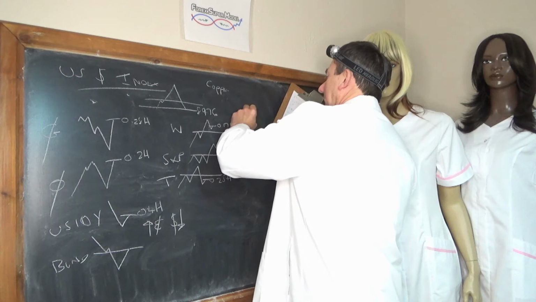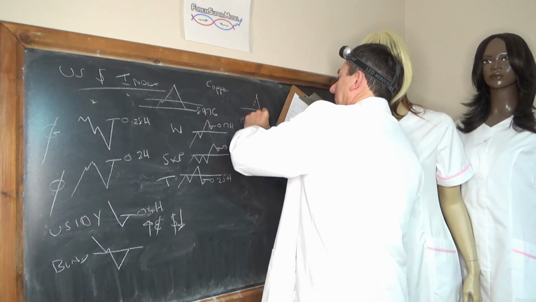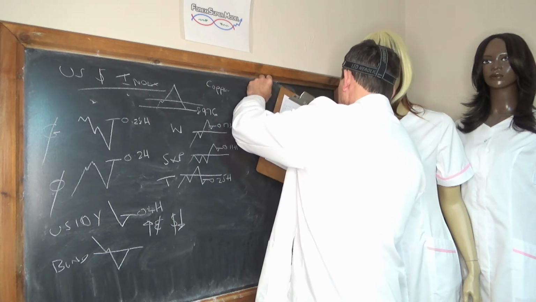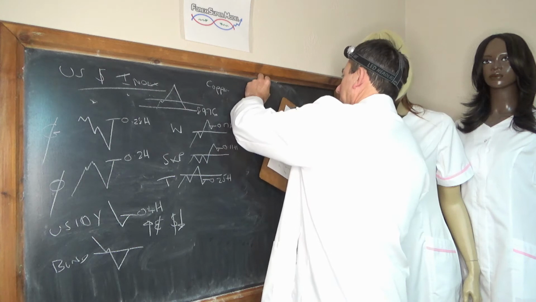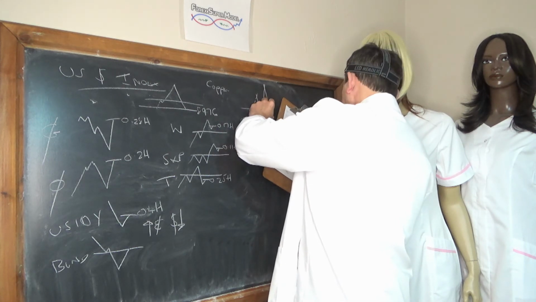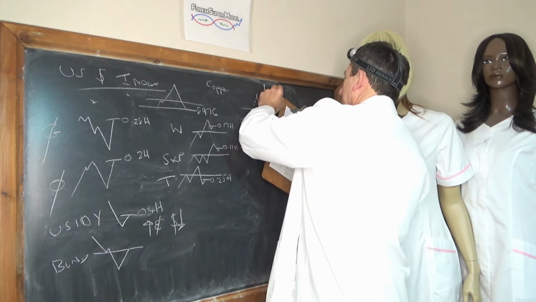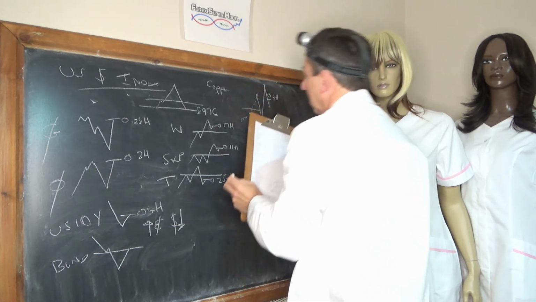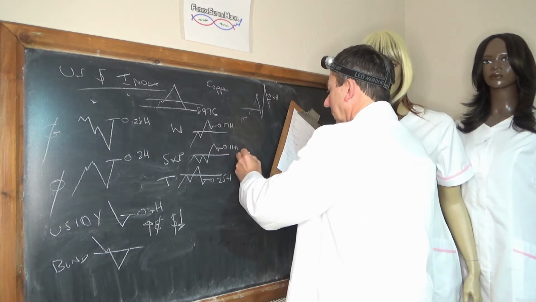Right, so then we've got copper. Now, copper had those 5 pumps, and it came back, and it's basically, where are we? It broke and then it came back. It's 0.4 from the high, so it's struggling to get back up there, but it's had a bit more strength again recently.